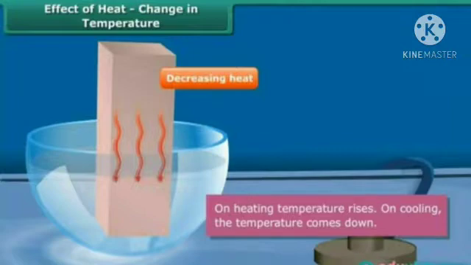From this, we can infer that heat is transferred from a hot body to a cold body. It means that transfer of heat is the flow of heat from one place to another.